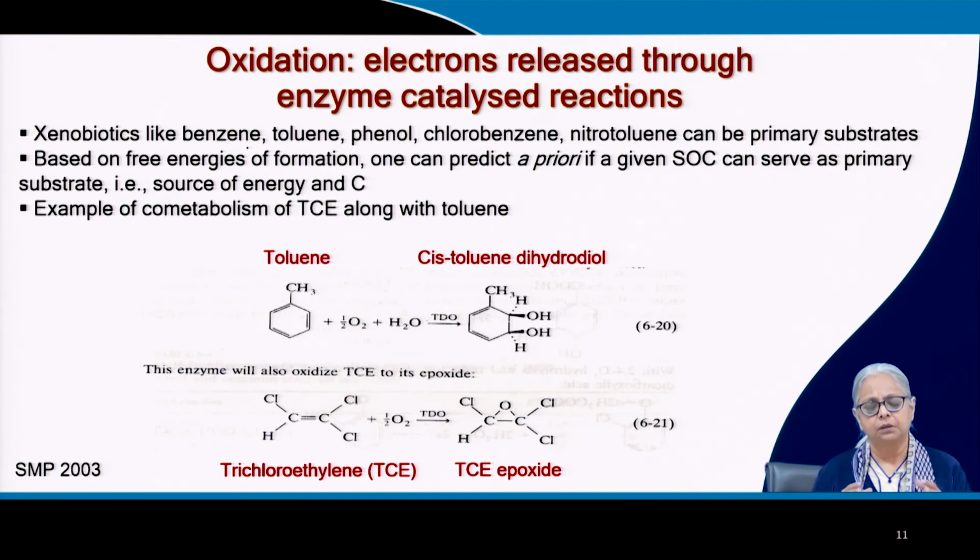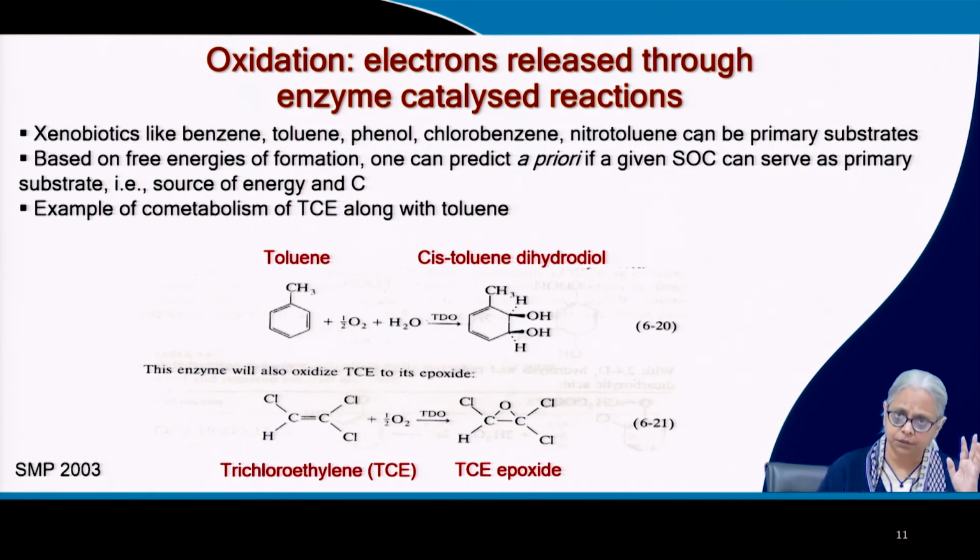Now, petroleum compounds contain benzene, toluene, phenol, xylene, and ethylbenzene. All these are compounds that are present in petroleum, the petrol that you buy when you go to the petrol pump. So here you have compounds like benzene, toluene, phenol, chlorobenzene, nitrotoluene.